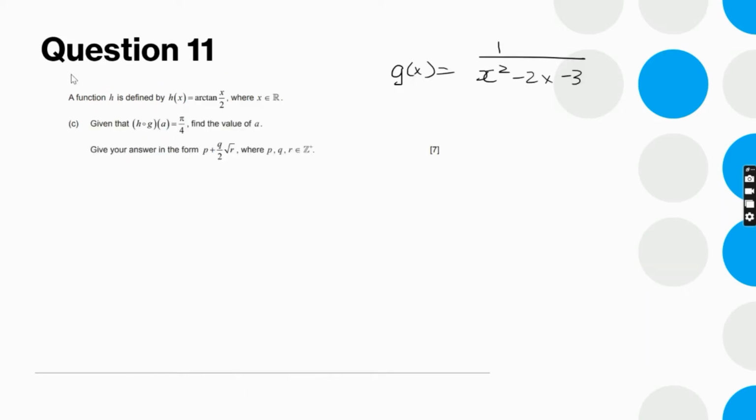Okay, in this part of the question, you have to find the value of a given that hg(a) equals pi over 4. First we know that g of x is equal to 1 over x squared minus 2x minus 3 from the previous question. So I'll first find g of a. I just simply replace the x with a, and this is what I get.